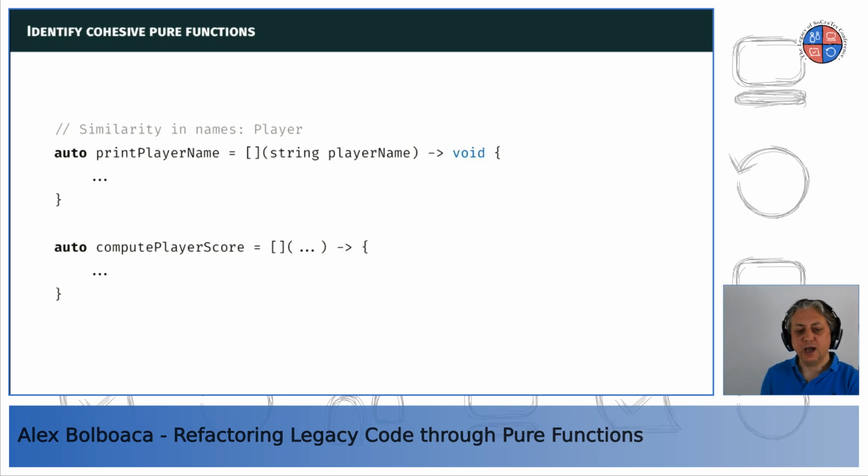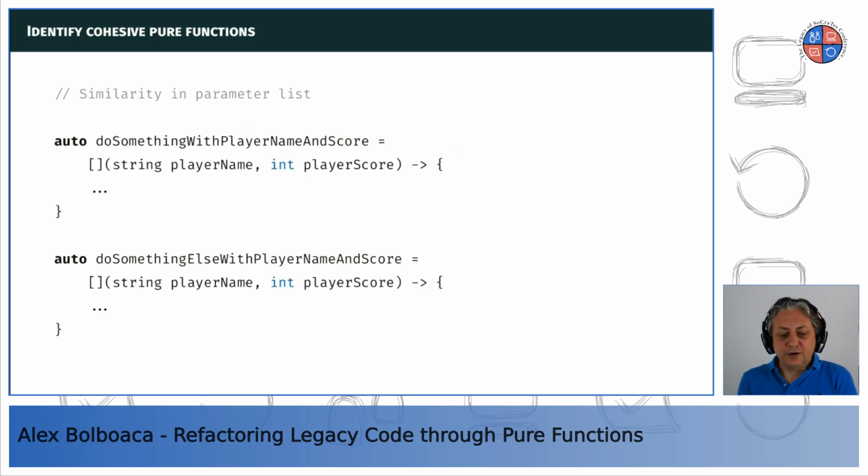And how do you identify those pure functions that fit together? One way is to look at names. If you figured out proper names for them, if you see print player name, compute player score, perhaps they need to be together somehow. Or similarity in parameter list. So if you have player name, player score, player name, player score, perhaps those two things want to be together somehow.